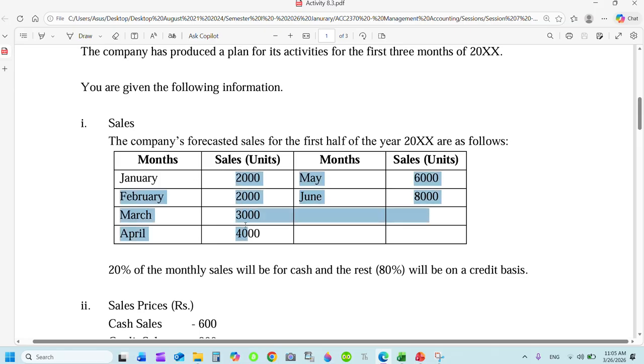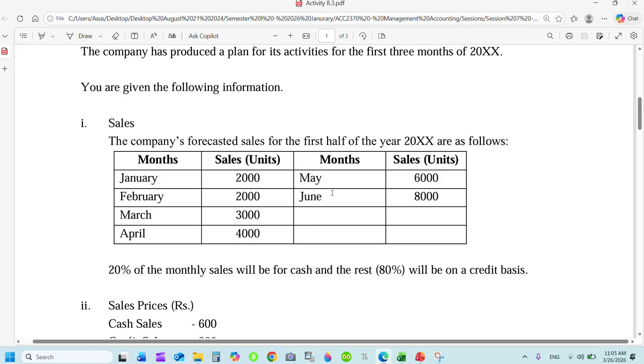So this is the information directly relevant for our sales budget. It is said in January we expect to sell 2,000, February 2,000 units, March 3,000, April 4,000, May 6,000, June 8,000, right? Now you are asked to prepare the budget for 3 months.